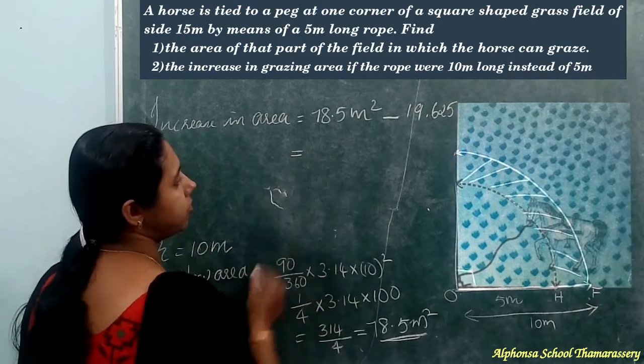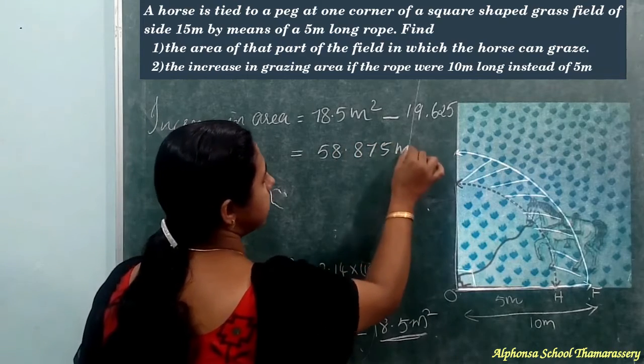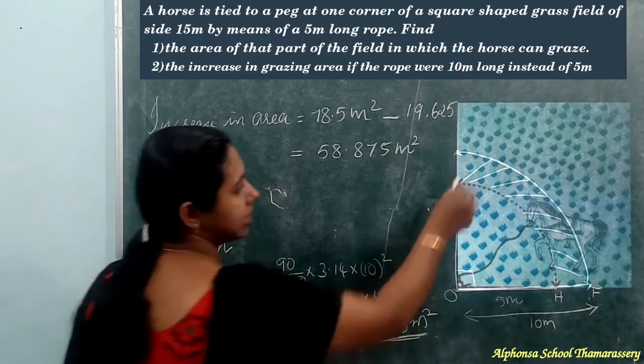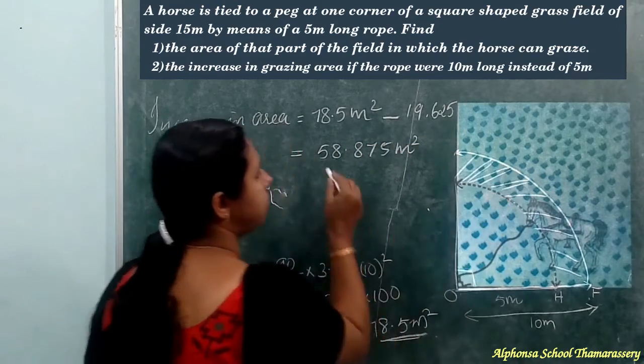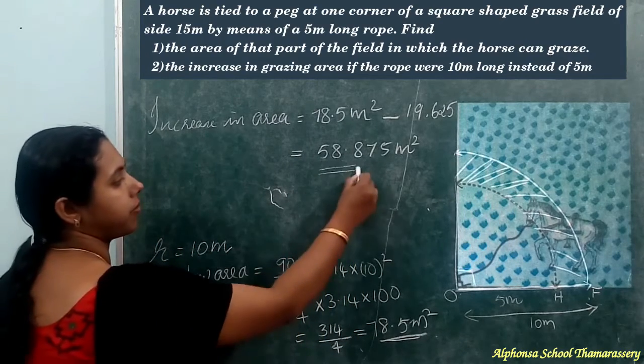That is equal to 58.875 meter square. So the increased area will be equal to 58.875 meter square.